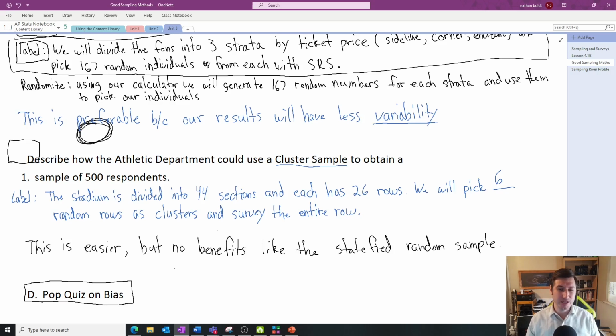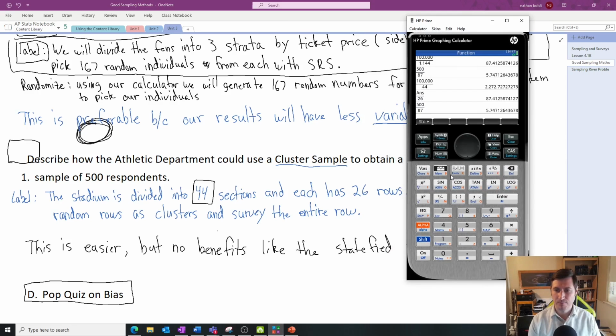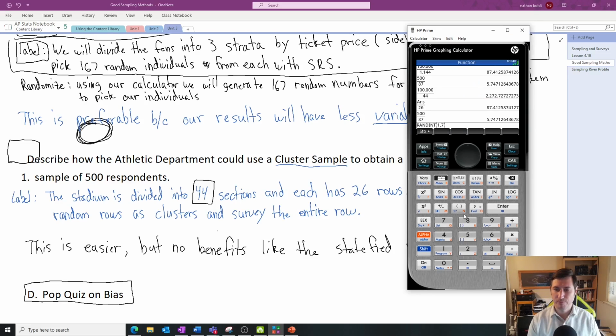One way you could achieve that is by rolling a random number twice. Roll a random number to see what section you're in, so a random integer from 1 to 44. All right, I'm going to section 21.